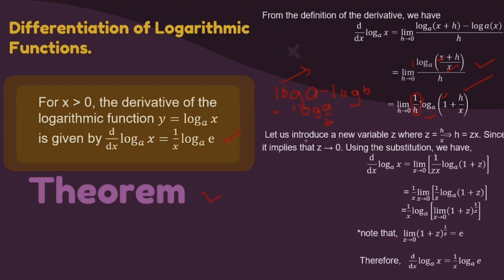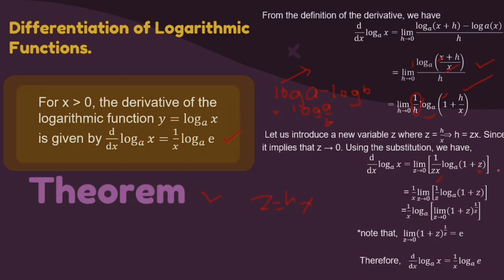Now we will introduce a new variable, which is z equals h over x, and h equals zx. Since h approaches 0, it implies that z also approaches 0. So we will substitute from this formula. We will substitute h with zx here, and we'll substitute h over x with z.